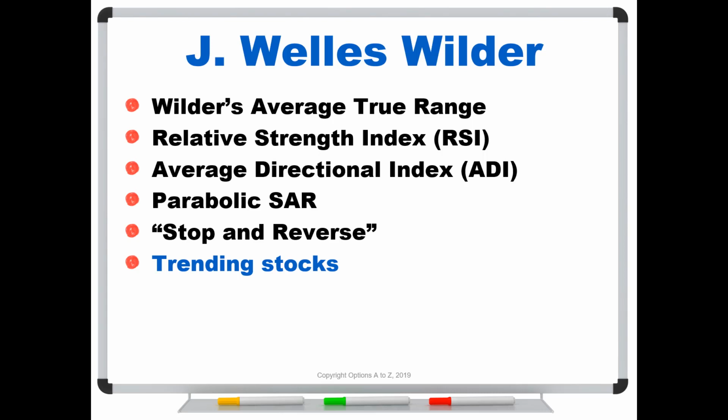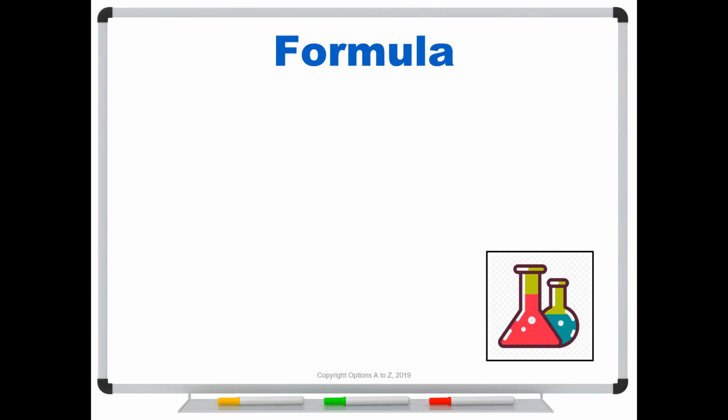to the Parabolic SAR. Now, the formula for the Parabolic SAR is fairly simple, and in fact, if you look it up on the web, you'll say, it doesn't look all that complicated. But again, there's a lot of if-then conditions.